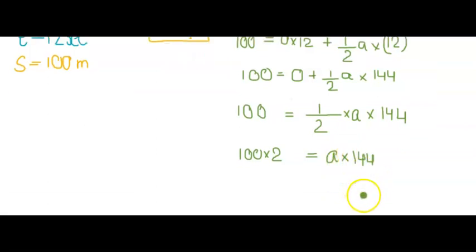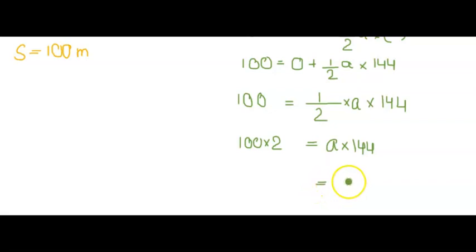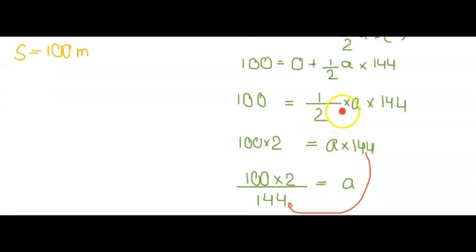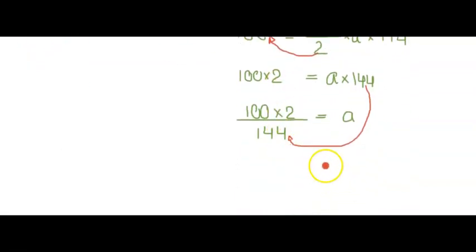Now this 144 is timesing with the a, so on the other side, I will divide by 144. And that will give you the acceleration value.